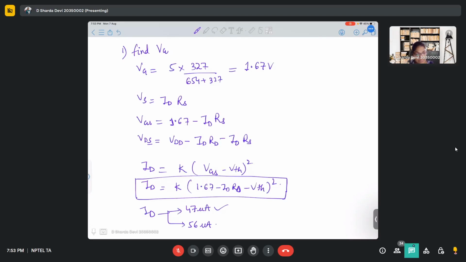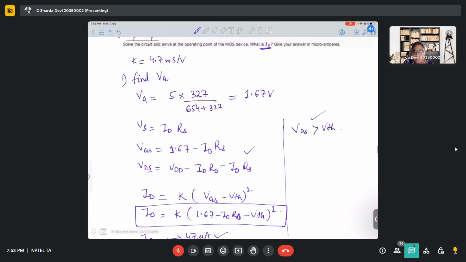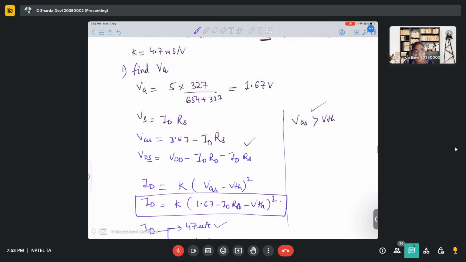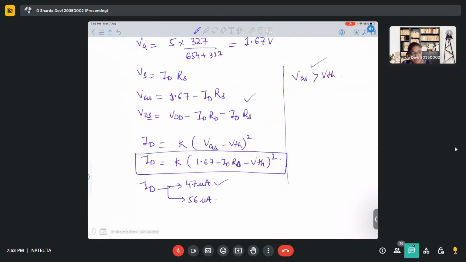It will be 47. But how? We will see which one gets us a positive VDS. You can also check that VGS should be greater than VTH. VGS is a function of ID and RS, so from here also you can get it. Anyway, you can confirm it. VT was already given. So the final answer is 47 microamperes.